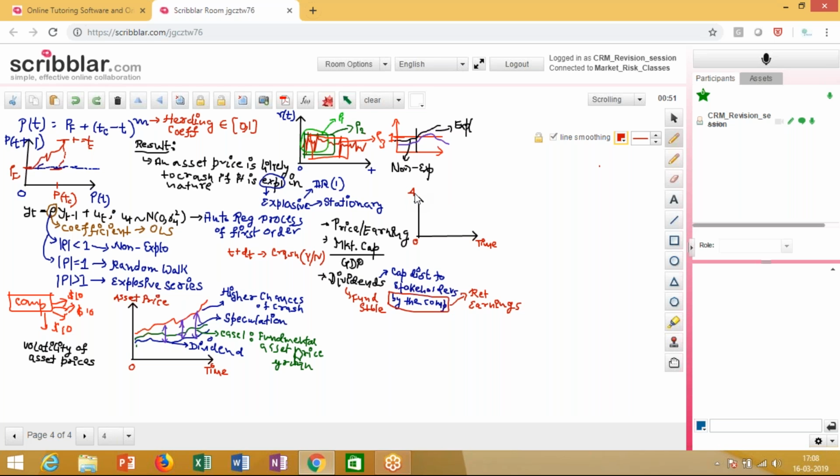And what we have over here is the asset price. So let's say this is how the price earnings ratio was.